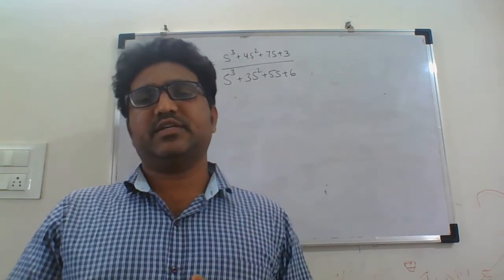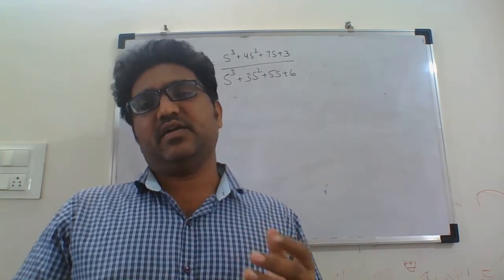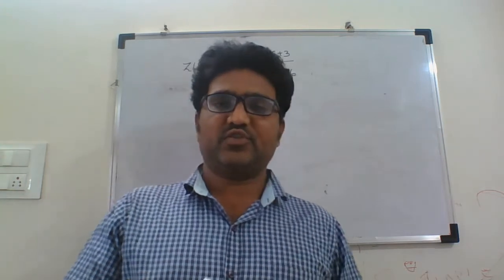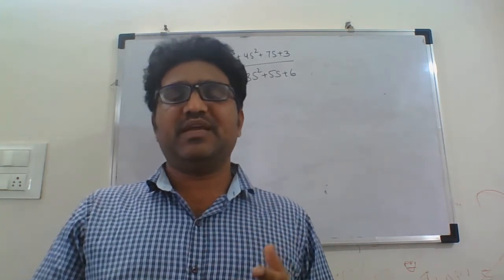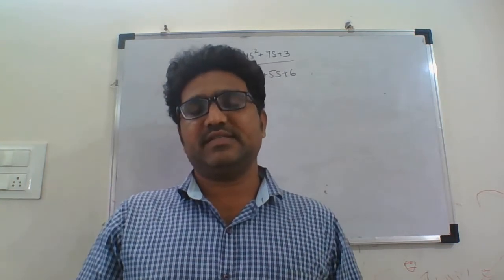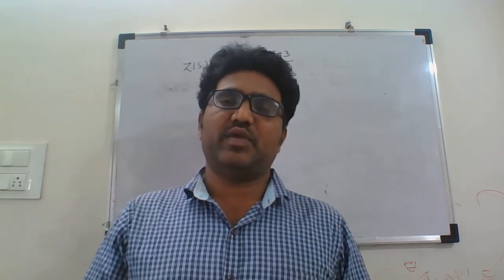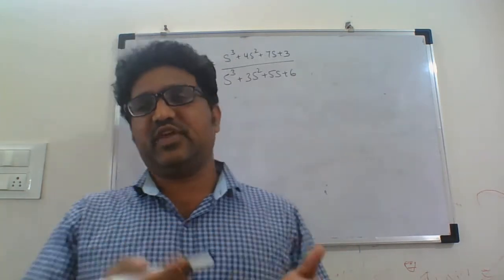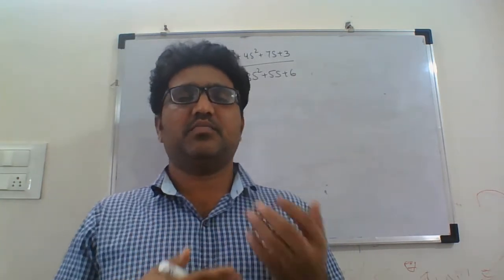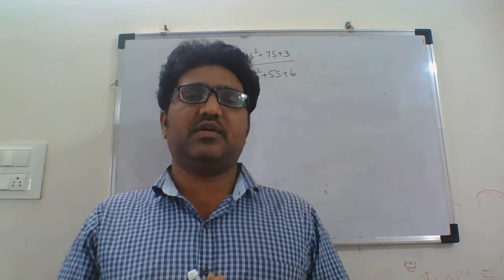The third is that the real part of H(jω) should be greater than 0 for s equal to jω, for every jω value. We have seen how we can test a particular network function using these three conditions.